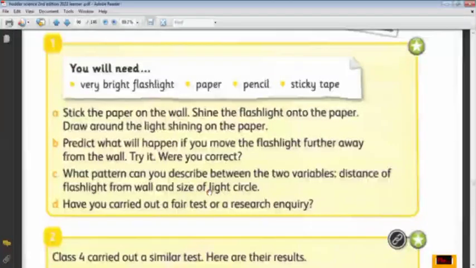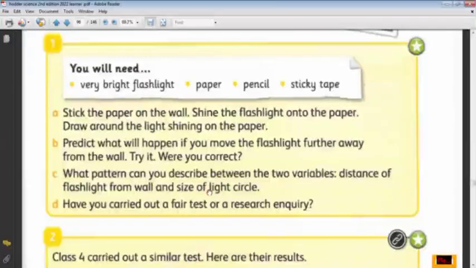If we make it further, the circle will be bigger and it will be dimmer. Yes, very good. When the distance increases from the flashlight to the wall, the size of the circle will increase and the light will be dimmer. And when the distance decreases between the flashlight and the wall, the light becomes brighter and the circle becomes smaller.